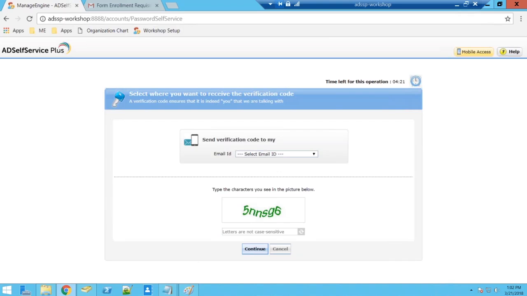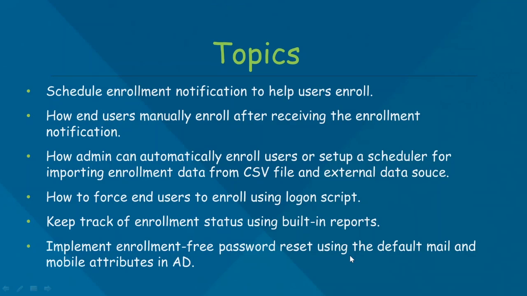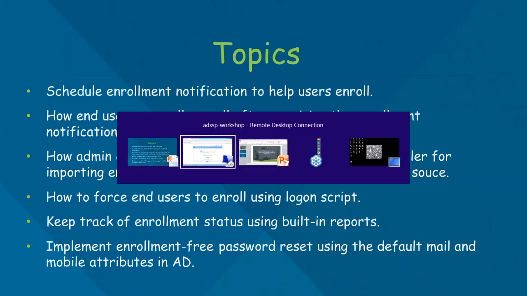So, I mean, you can implement an enrollment-free password reset using the Active Directory mail and mobile attributes, and this can be done only with the verification code method of enrollment.